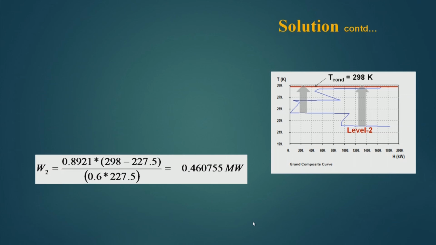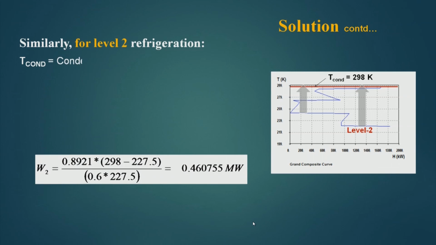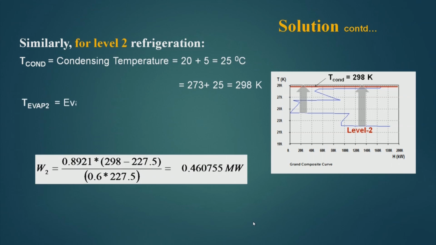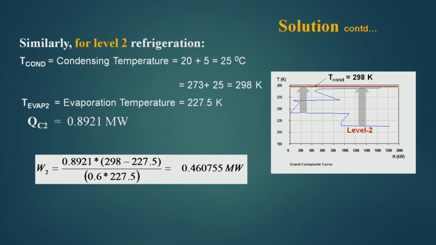Similarly, for level 2, we can calculate for the same condenser. So, the same condenser temperature, here also I am lifting heat from level 2 and putting it into the same condenser. So, the temperature remains the same, 298, but the evaporator temperature is 227.5.